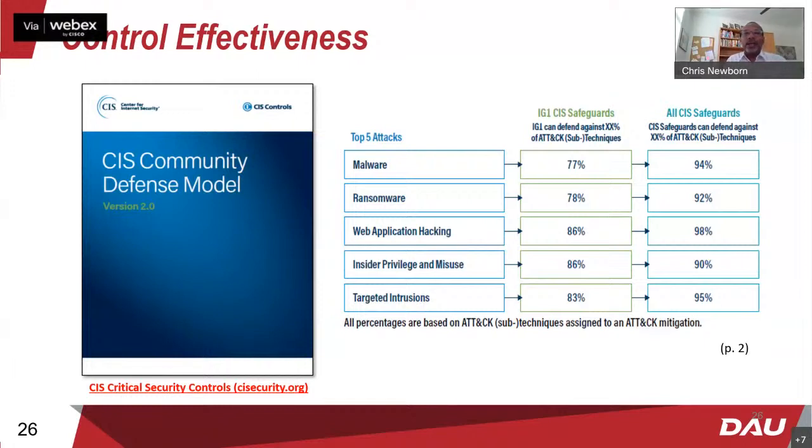And this is a way of taking a look at the top 5 attacks, as well as to say, if I was to invest, and if I was to utilize 171 in regards to my baseline, what is the success? And I'm not talking about just, oh, well, I'm just going to do 30 security controls out of the 171.